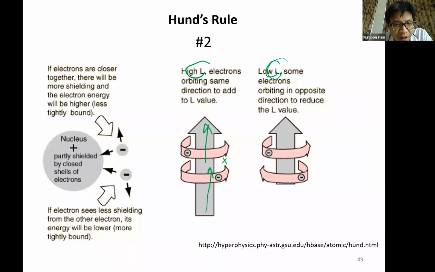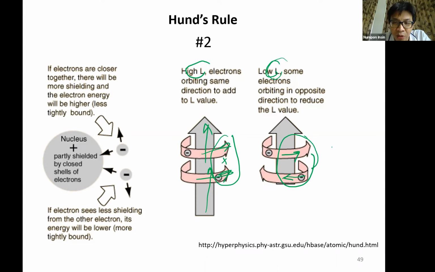So you can think of two cars running in the same direction and two cars running in opposite directions. The ones running in opposite directions have more chance to meet each other, right? We don't want electrons to meet each other.